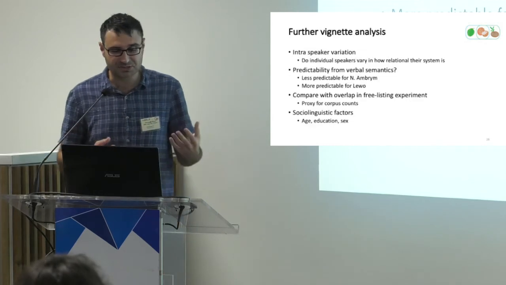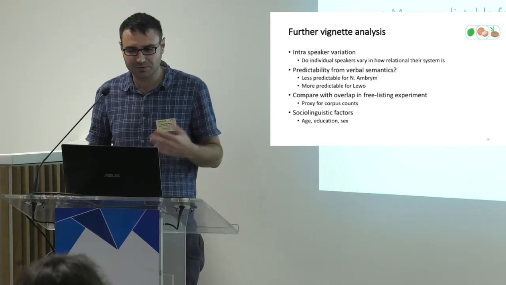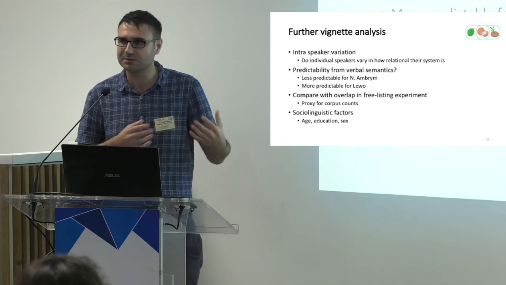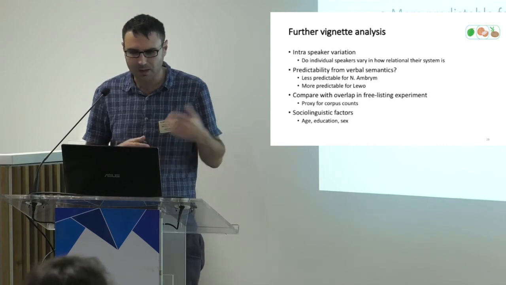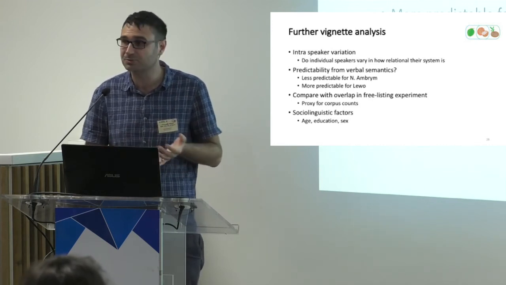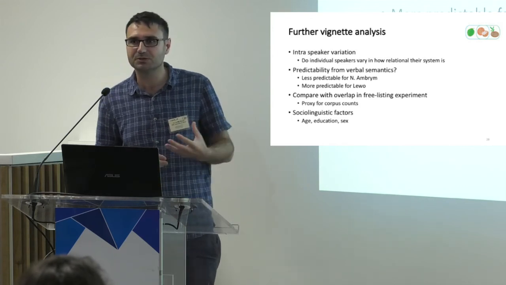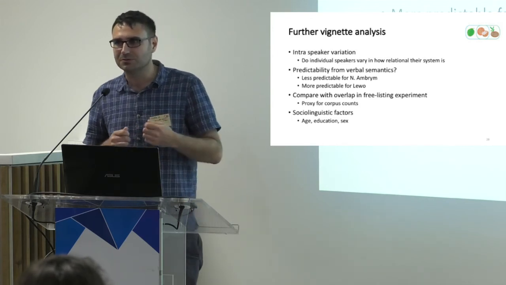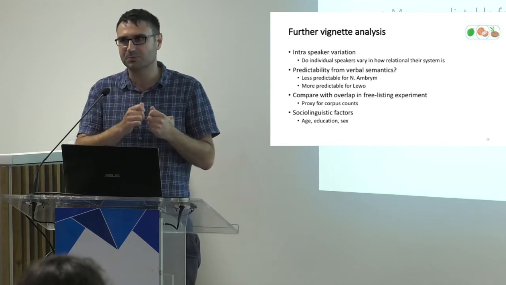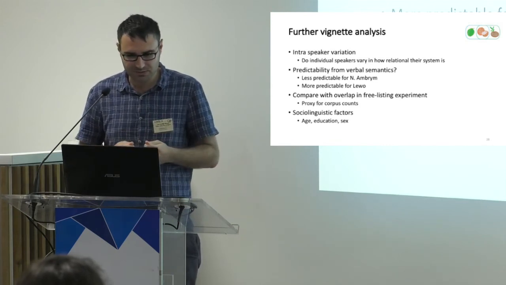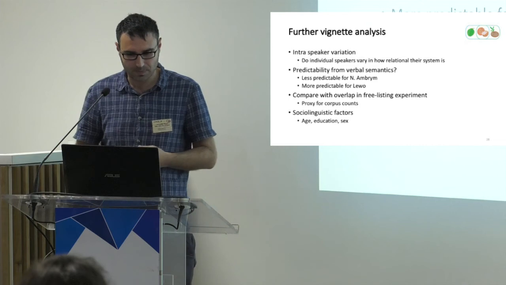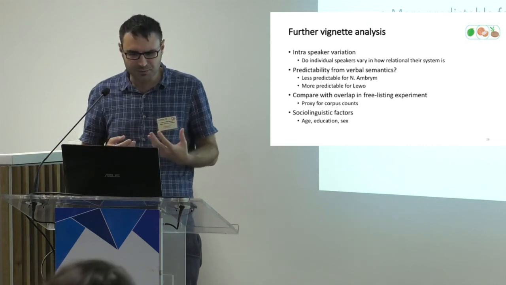Obviously, this is just one of the experiments we've done, and we want to tie this into all the different experiments we're doing as well. With the vignettes, we want to look at intra-speaker variation. Are there some speakers who are more happy to use their system in atypical interactions as a classifier-type system, or less so? Is there any predictability from the verbal semantics?